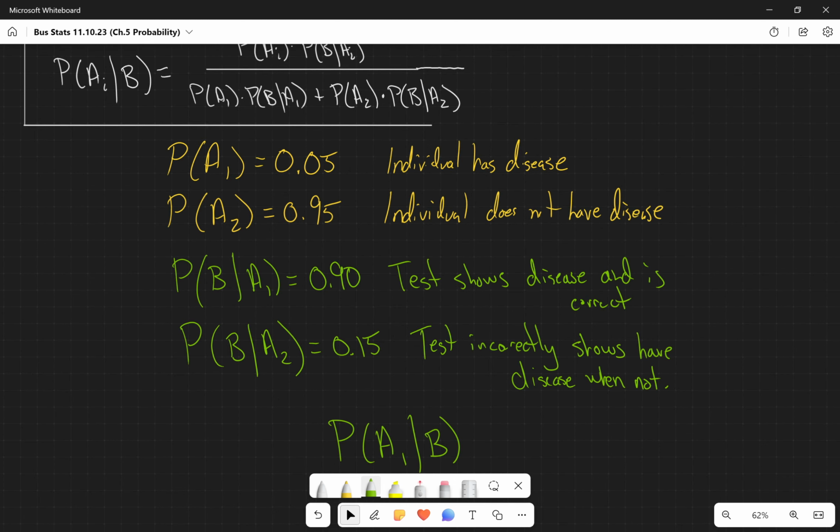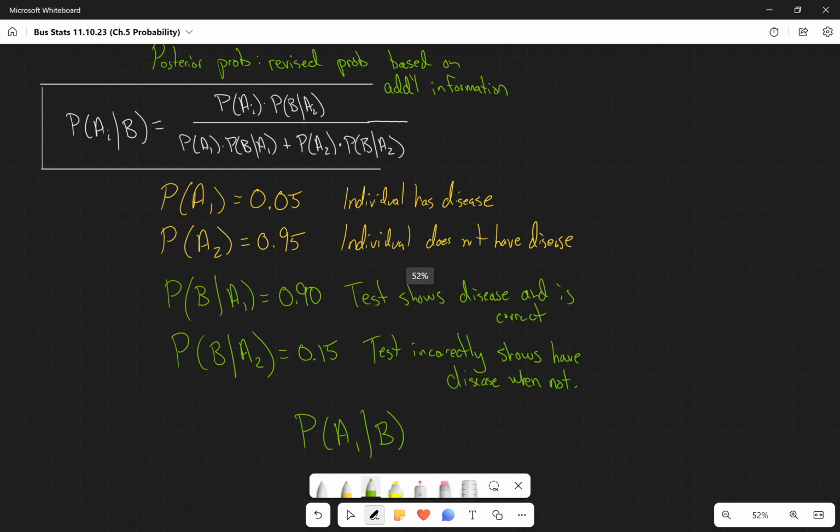And so we're going to use this formula up here. We have all of the information that we need to calculate this. So we're going to have the probability of A on top, 0.05 times the probability that you have a correct positive, right, which is going to be 0.90.